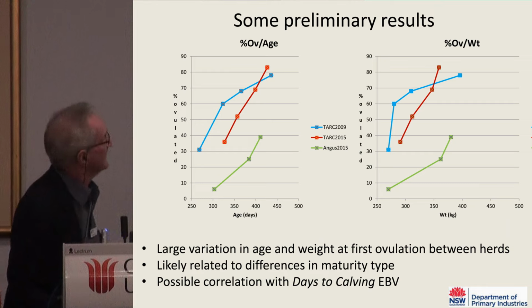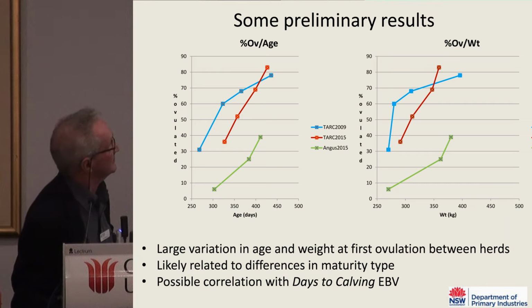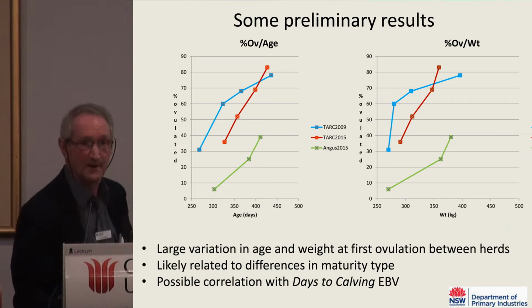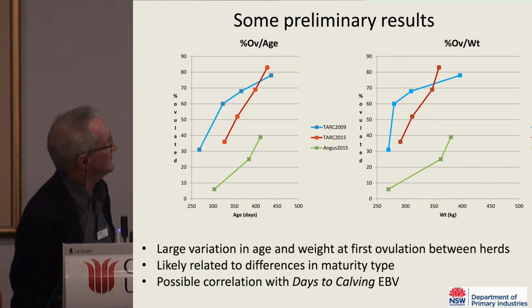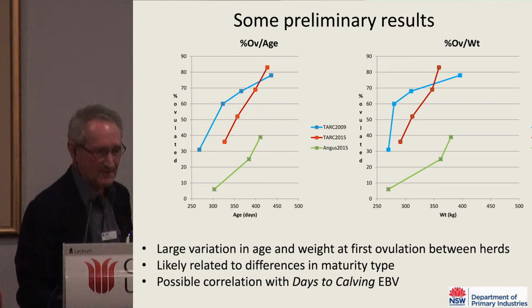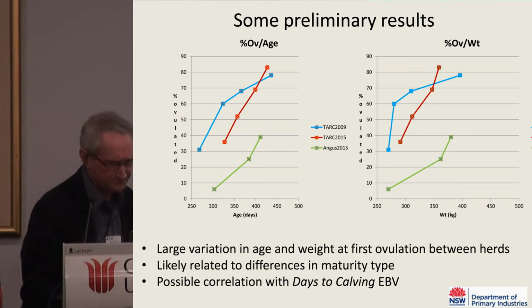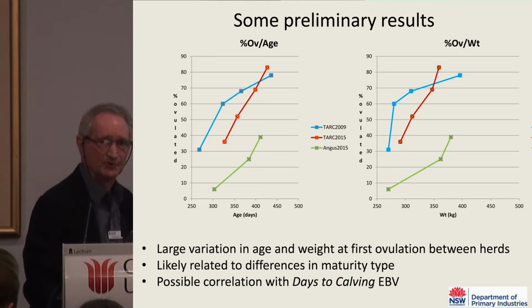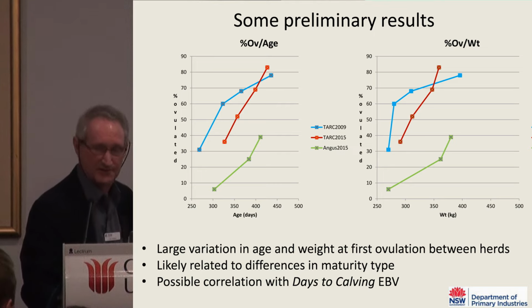You can see that the top two lines are animals of essentially the same genotype in different years, versus this set down here that are of a different genotype. There's a huge difference, at any given weight or age, in the proportion of animals ovulating. We believe that's due to a difference in the maturity type of those two genotypes.